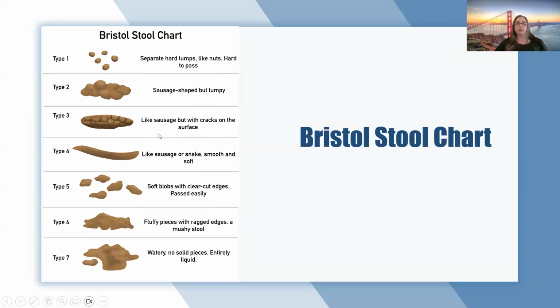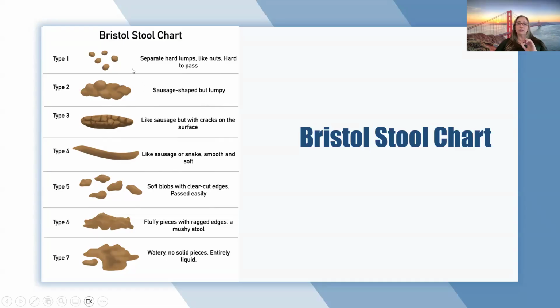When we start to get worried is when we see stools that look like a lot of small pieces of stool have been packed together, and you'll see cracks on the surface, and those pieces of stool were pretty hard. They didn't really mesh together into a nice solid bowel movement. You can also have stools that are just really lumpy, like parts of them are hard and parts of them are soft.